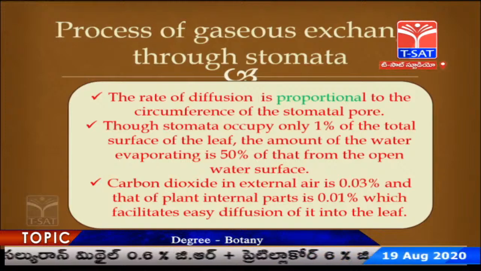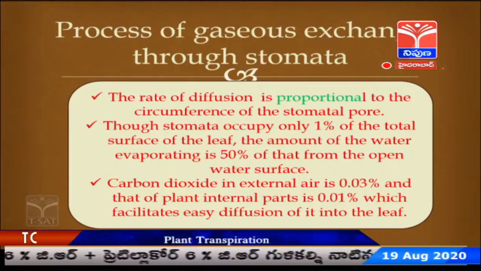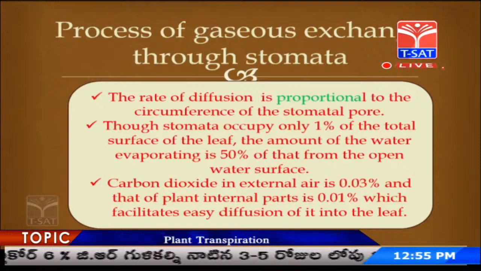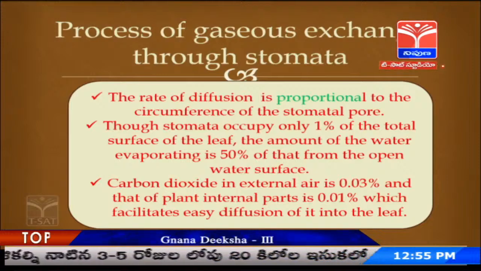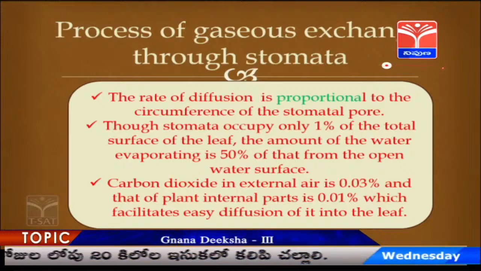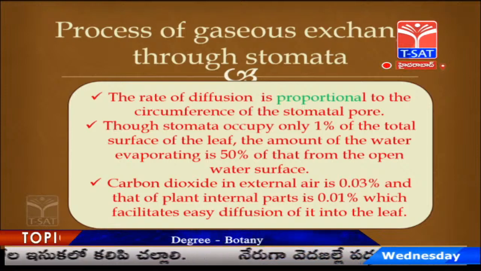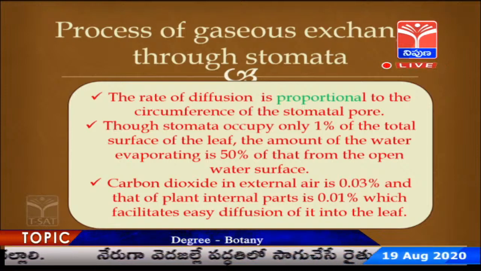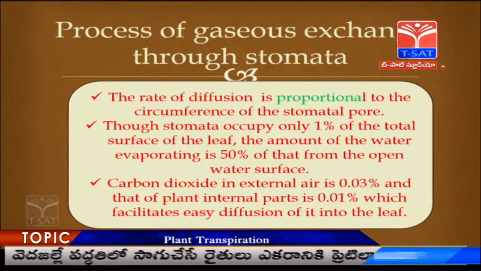Now, let us discuss a few more points. As I told you in the previous slide itself, the rate of diffusion is proportional to the stomatal pore area, that is circumference. What is the width of it? Depending on that, the rate of diffusion also varies. Okay.